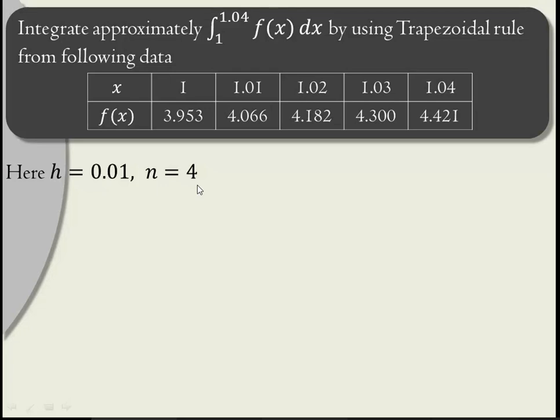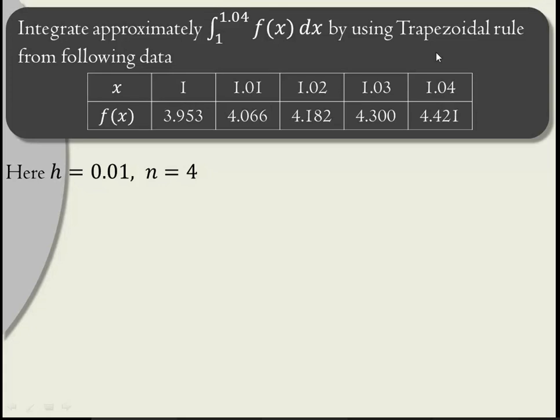This is not the total number of terms. There are 5 values of x, but n is the number of subintervals. This to this is one interval, 1.01 to 1.02 is another subinterval. So n is actually the total number of terms minus 1, because we do the calculation from the 0 term: x0, x1, x2, x3, x4.